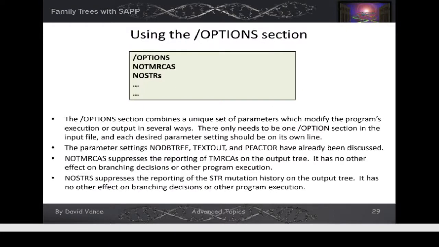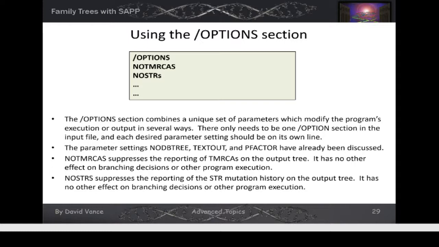So just a general comment about using the /options section. I've talked about it in a number of cases already in this presentation, but I want to reinforce that it's really just one section. You put /options, and then you put as many of these options. You can put any of the ones that we've already talked about, or you can put these that I'll talk about in a minute. Obviously, some will negate others.